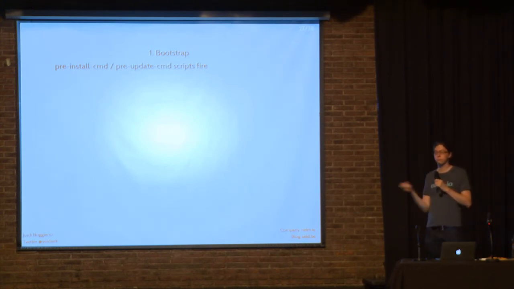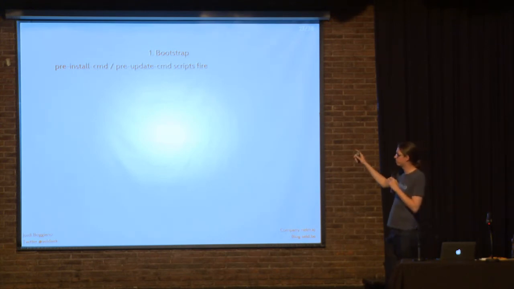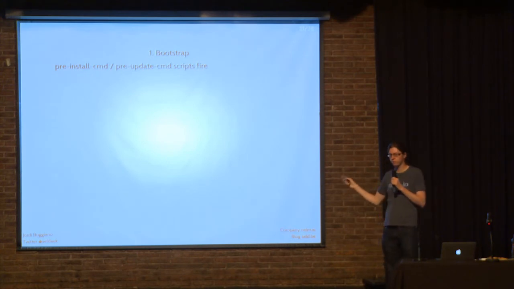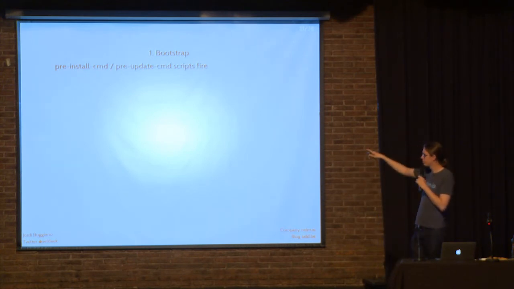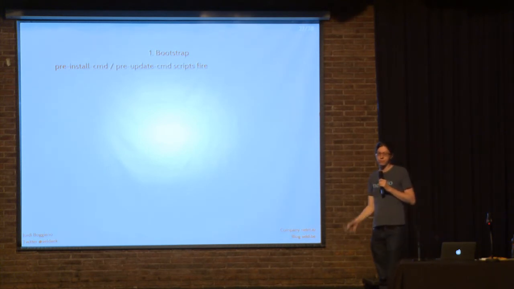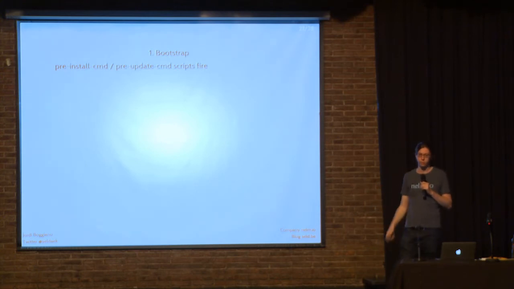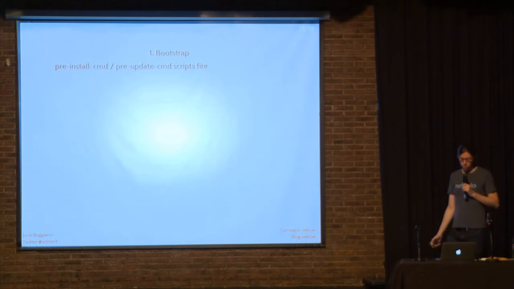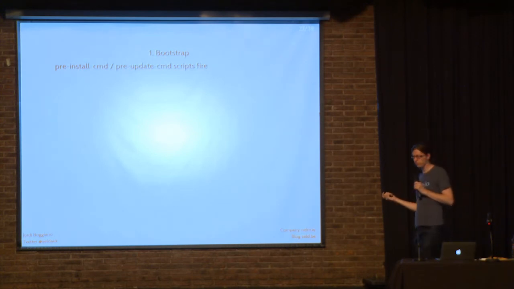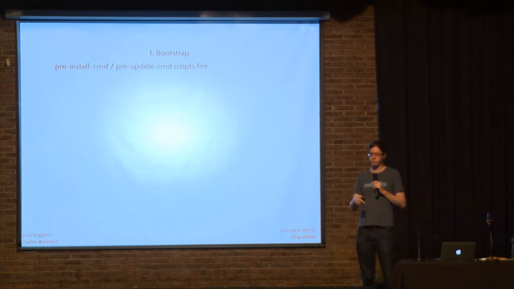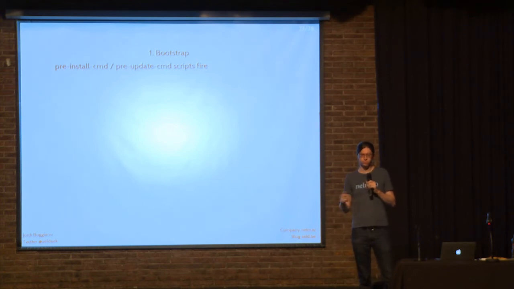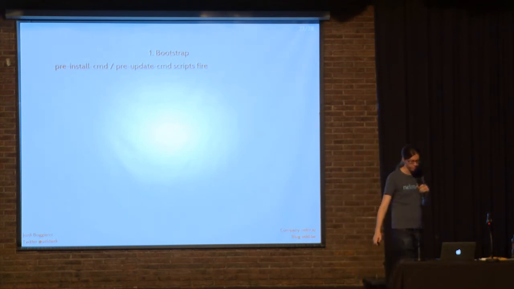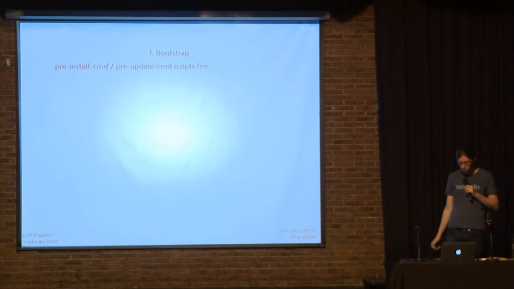Most commands have a pre-command-name command script. There you can hook yourself in and have some callback to do some things if you want. Most people don't use the pre one because at that point the dependencies are not installed, so it's usually way too early, but maybe you want to.